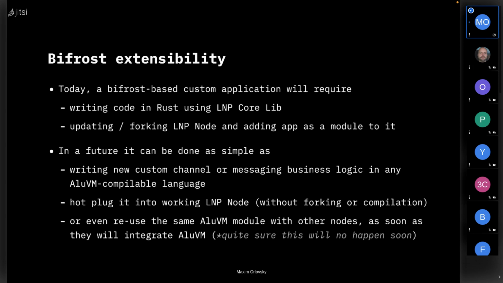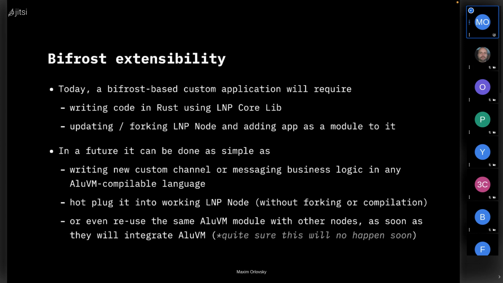Alluvium is the virtual machine that we created originally for RGB, and we presented it this summer together with the first language, which is the Alluvium assembler, and the compiler and the linker. So they already exist. Our plan is that the same virtual machine will be used inside the Lightning node, LNP node, to run the business logic of a channel.